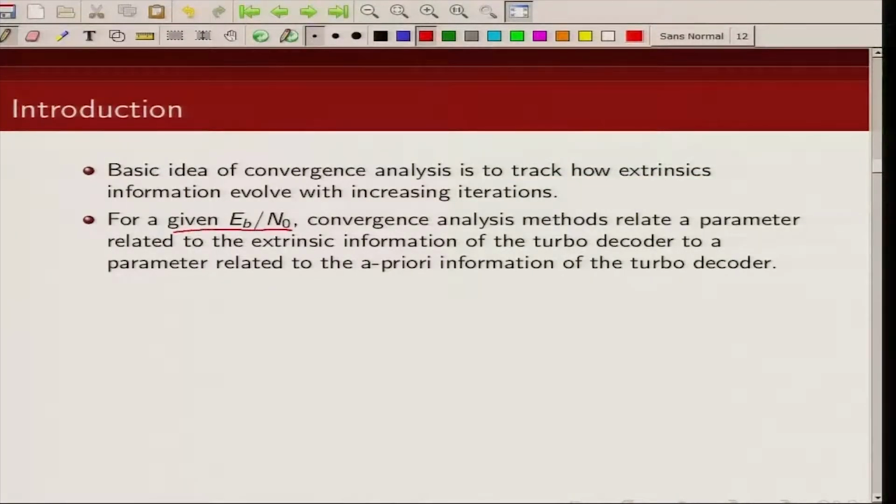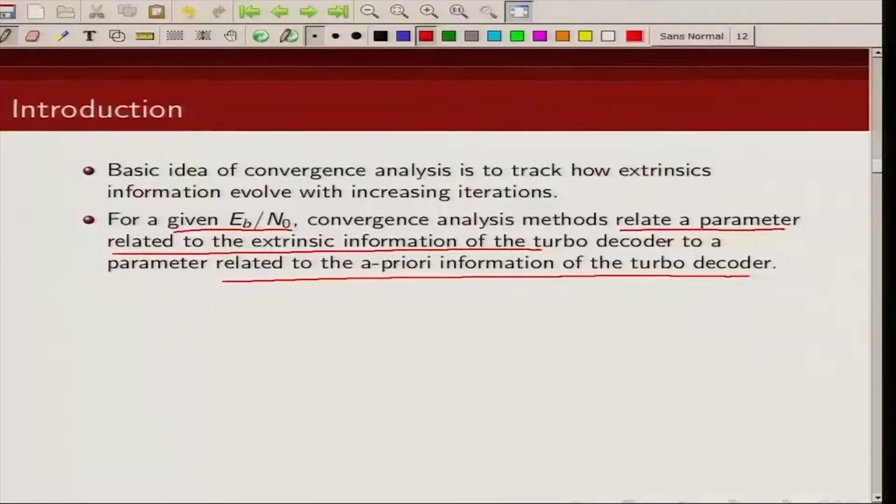For a fixed signal to noise ratio, we have a set of received values. We try to relate a parameter related to the extrinsic information of the turbo decoder to a parameter related to the a priori information.